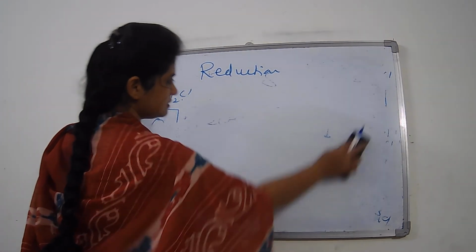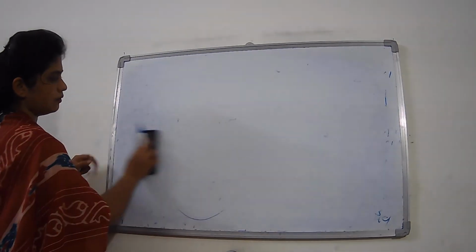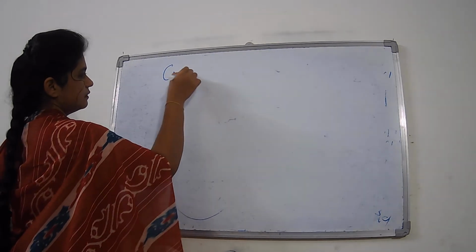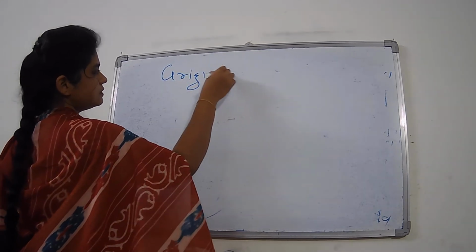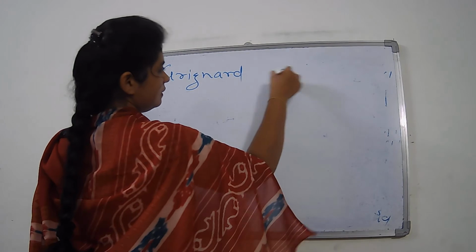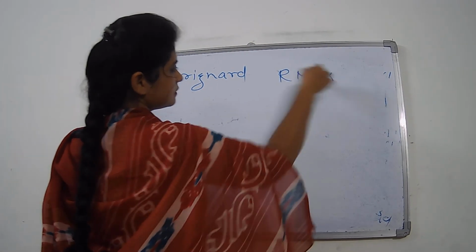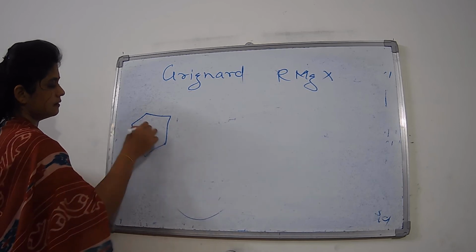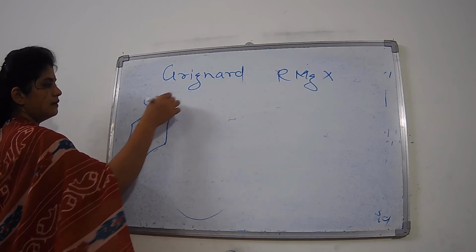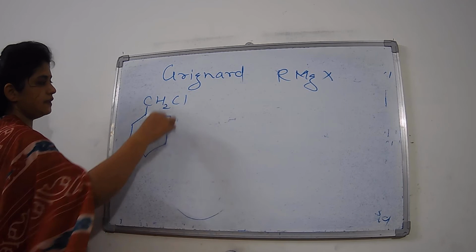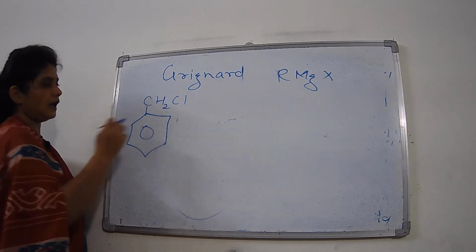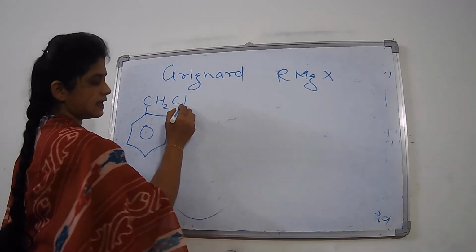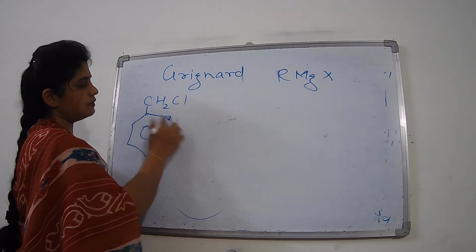In the last reaction, we look at the preparation of a Grignard reagent. What is a Grignard reagent? It is RMgX. We take this benzyl chloride, where Cl is X and the benzyl group is R. Now we want only Mg.